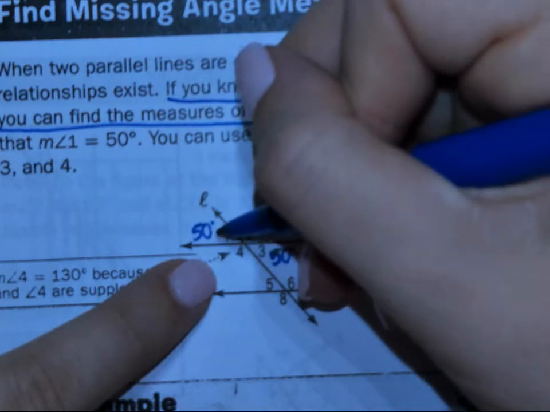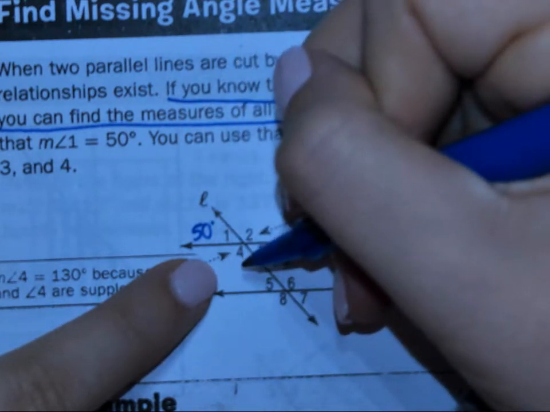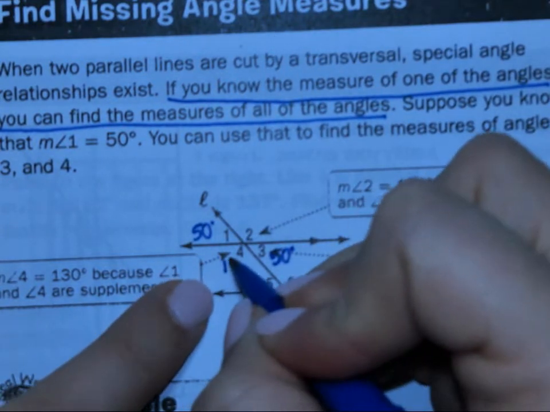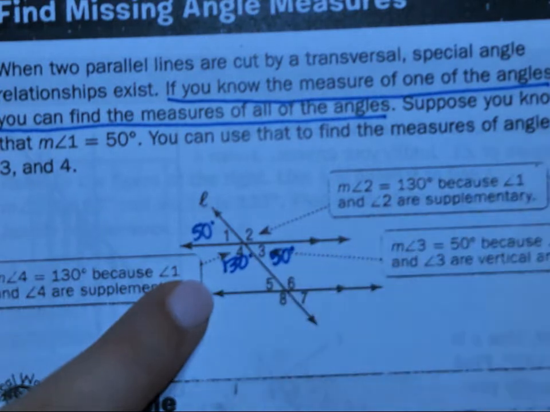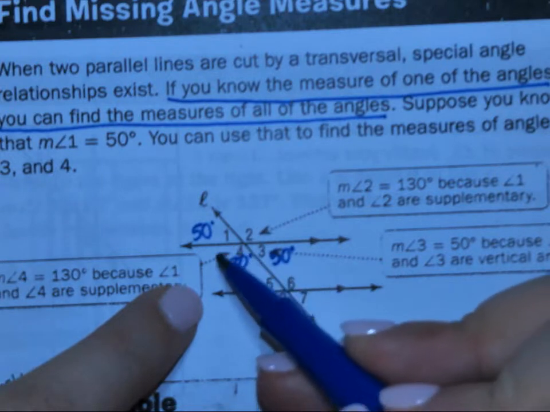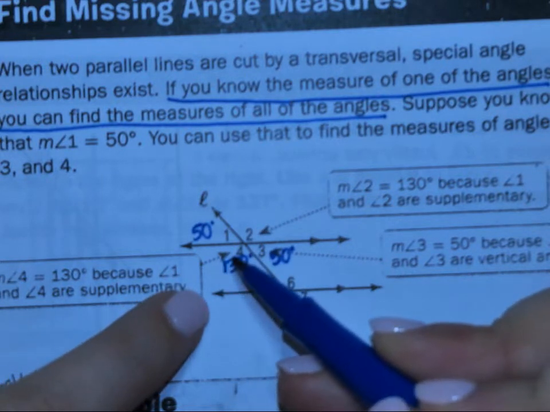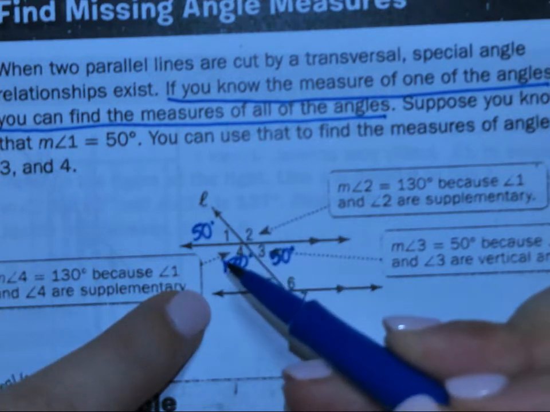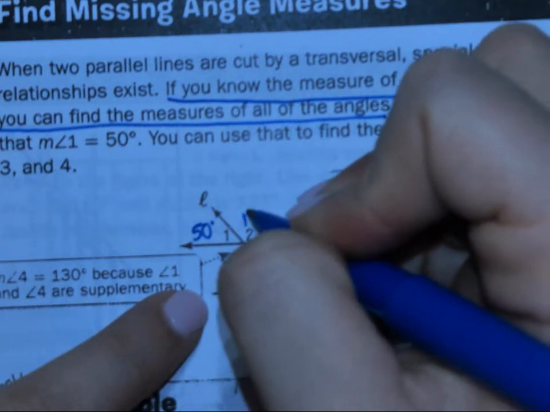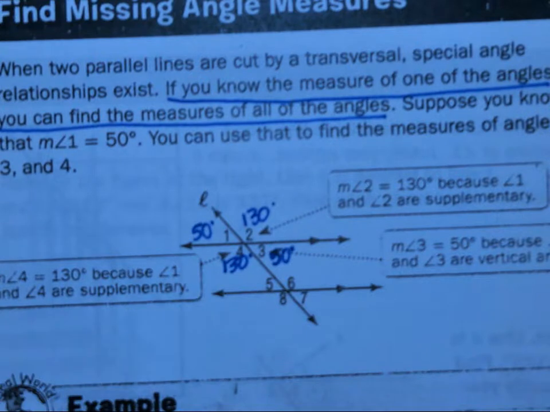So the measure of angle 1 plus the measure of angle 4 equals 180. When I subtract 50 from 180, I get that the measure of angle 4 is 130. And 4 and 2 are vertical angles, so they have the same measures. That tells me angle 2 is 130 degrees.